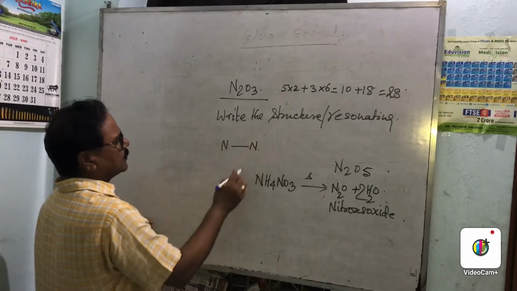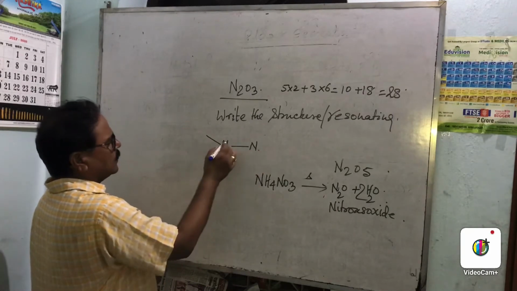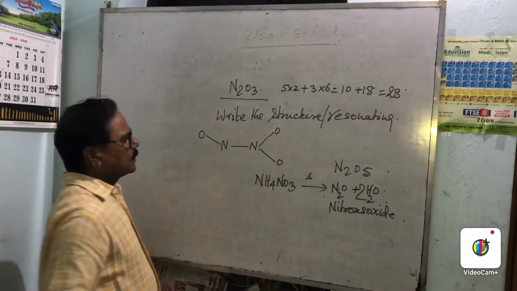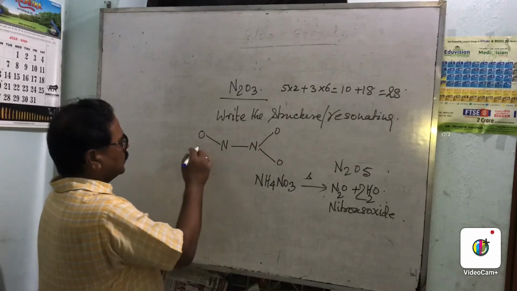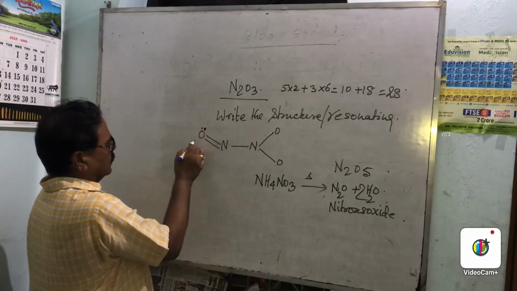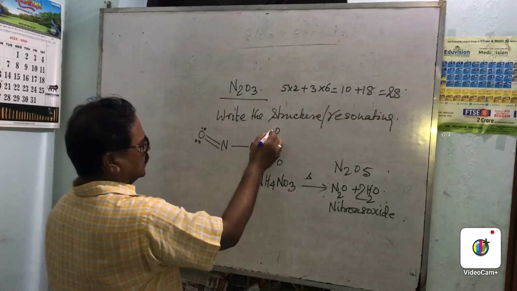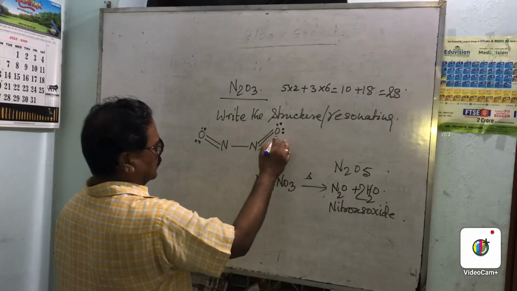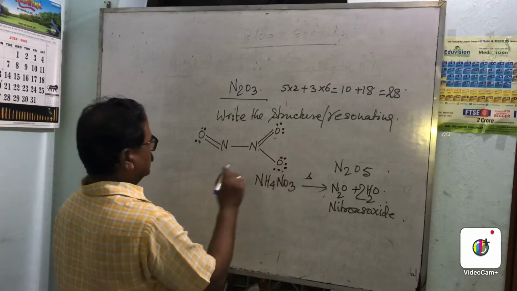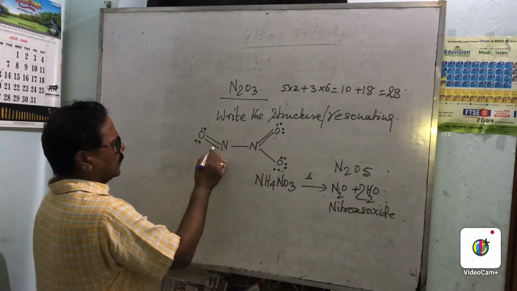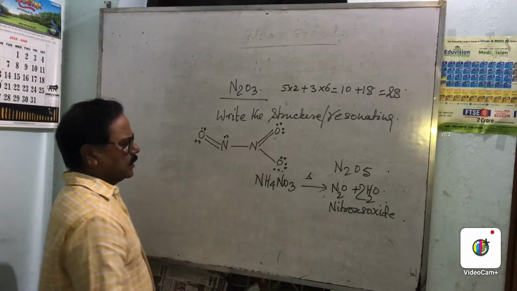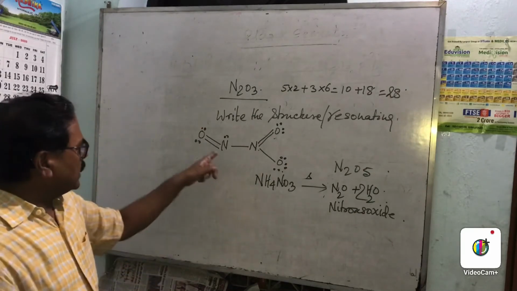This is N, and these are O. Counting 2, 4, 6, 8 for each atom. You count the total electrons present in the molecule.